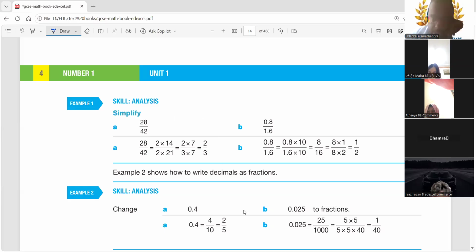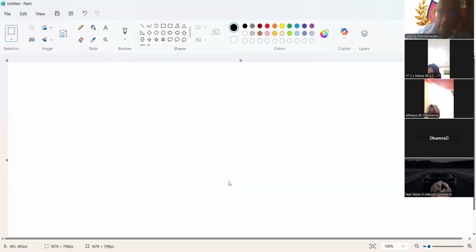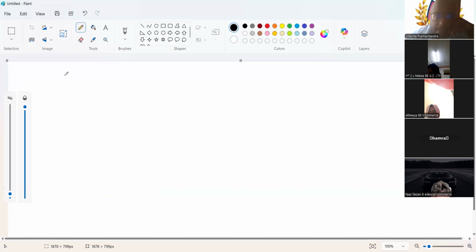For example, look here. Write the first subtopic, simplifying fractions. Write down the subtopic, simplifying.